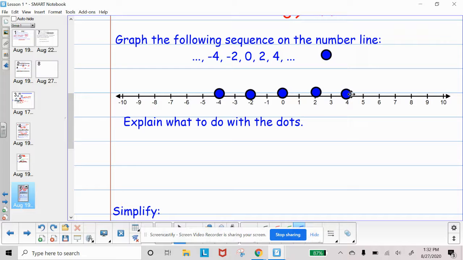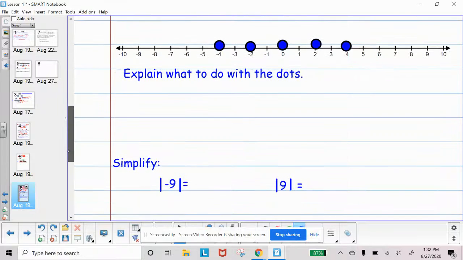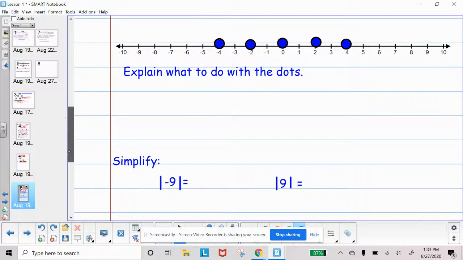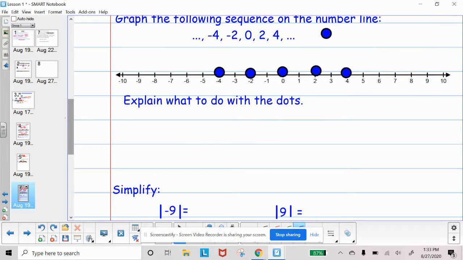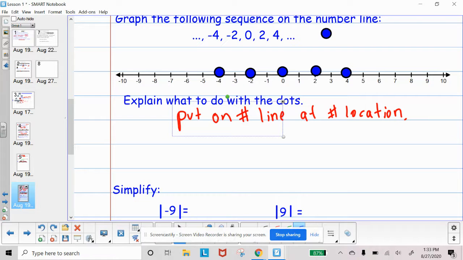And 4 is right there. So that's how you graph points on a number line. Explain what to do with the dots. You put them on the number line at the number's location. So where that number is, you put a dot to represent that number.